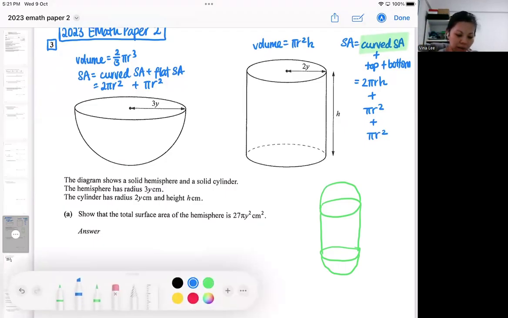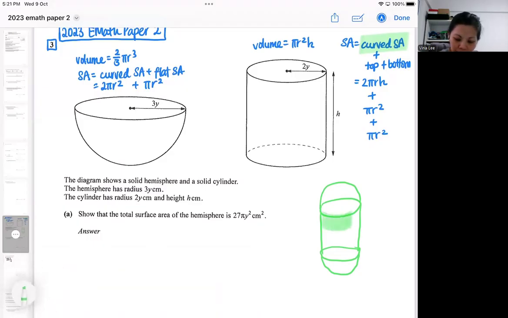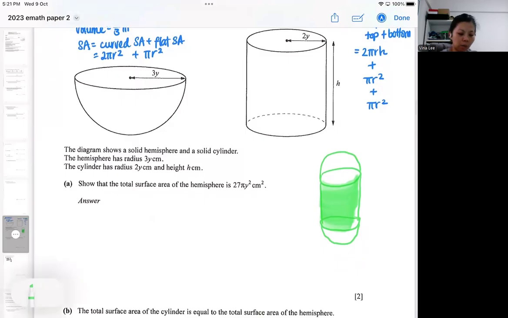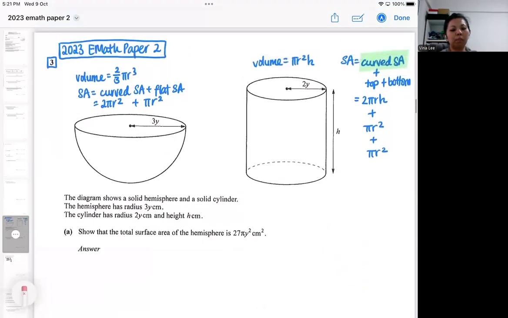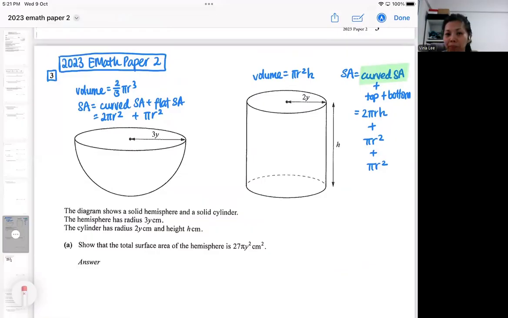If you consider the curved surface area of the cylinder, there's only the side. You will not have the top and bottom of the cylinder for the surface area because it's totally covered by the hemisphere already. So you need to take note of which part of the surface area is required. Don't just blindly remember the formula.